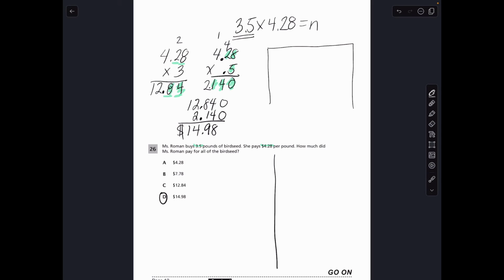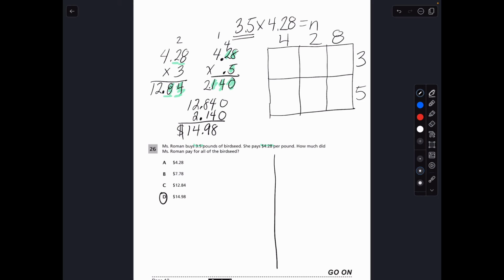Other kids like to use lattice, so just remember that I have a 3-digit times a 2-digit. So you have to have a 3 by 2. And then I'm going to change the color here. This was faster for some kids because literally they're just multiplying 1 digit by 1 digit, and then they're just adding down.